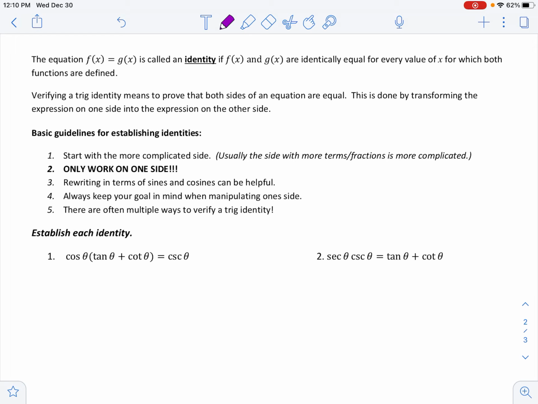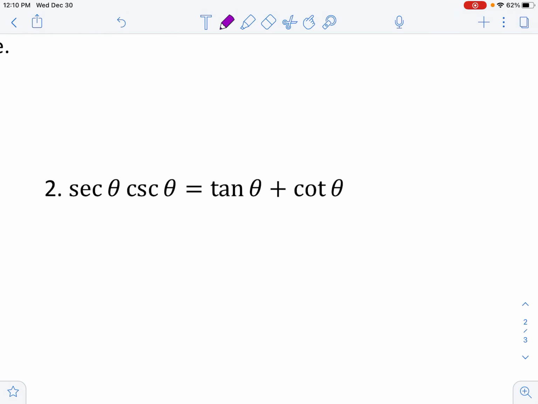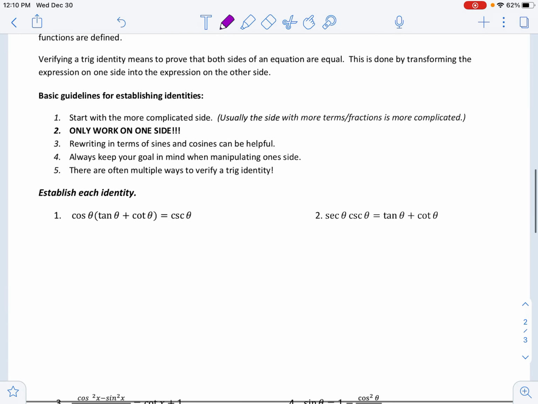So first off, you are going to start with the more complicated side. Usually that's going to be the side with the most terms, fractions. It's more complicated. Also, another thing that I want to point out, addition is more complicated than multiplication. So if you're looking at this and you're like, I don't know what side's more complicated, addition is more complicated than multiplication. So this side is more complicated. Okay?